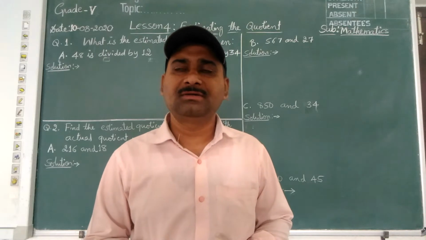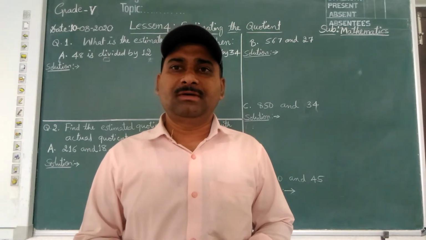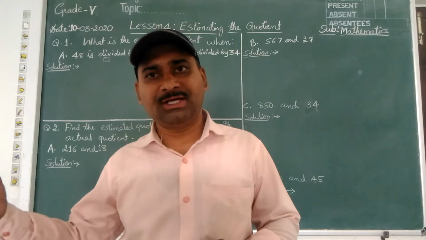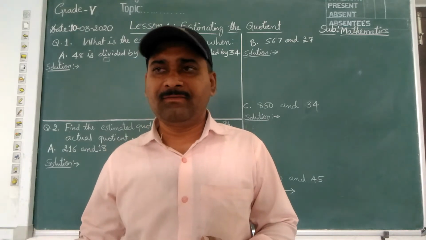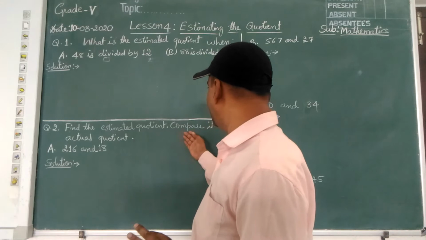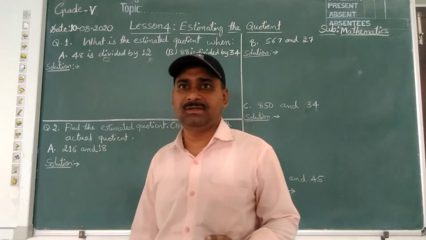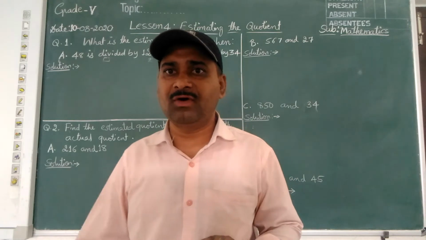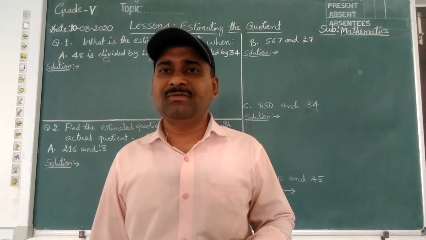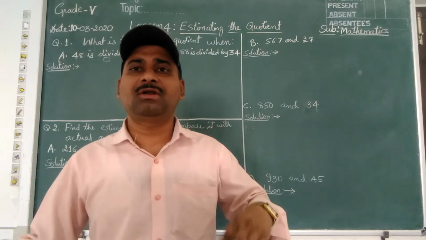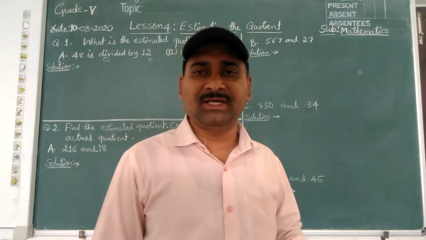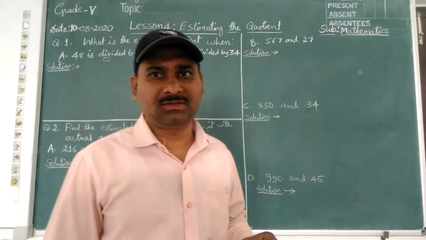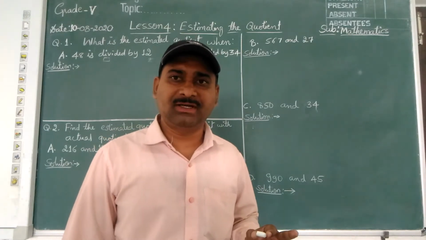Most of you only did the estimated answer. You did not find the actual quotient, where it is asked to compare with the actual quotient. There you only found the estimated quotient. Some of you divided without rounding off the numbers to the highest place. So I am not happy with the answers which you wrote last Monday.